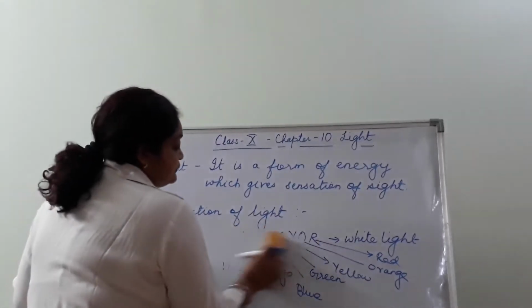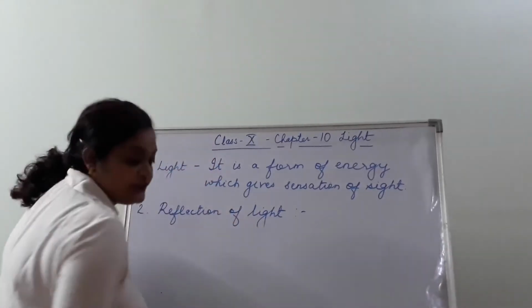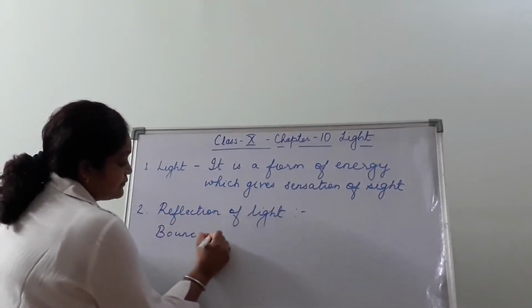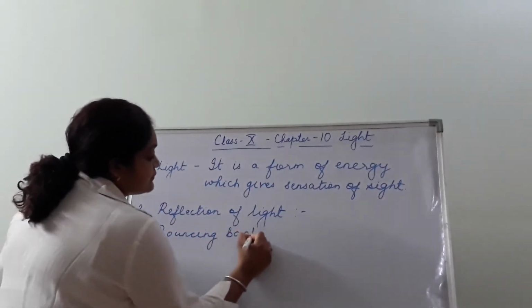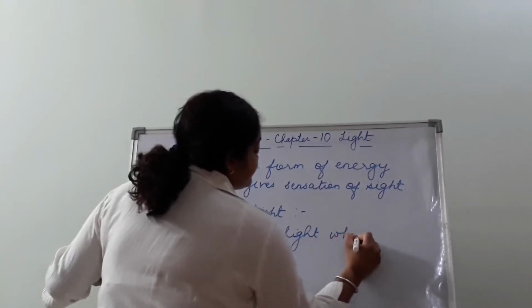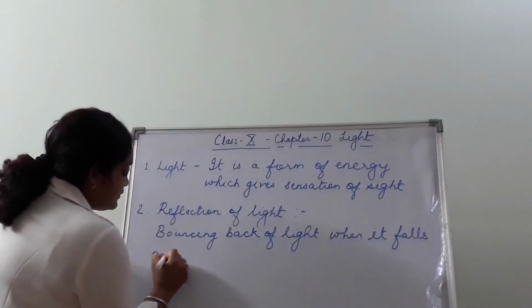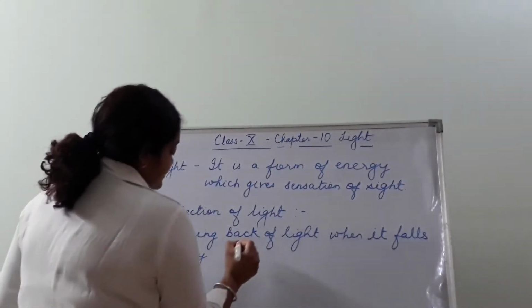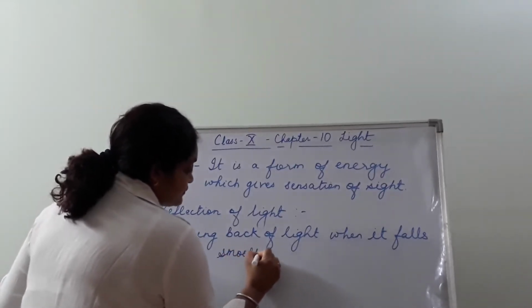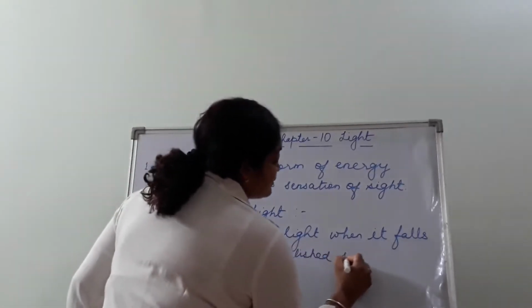So reflection of light means bouncing back of light when it falls on any smooth, polished surface.